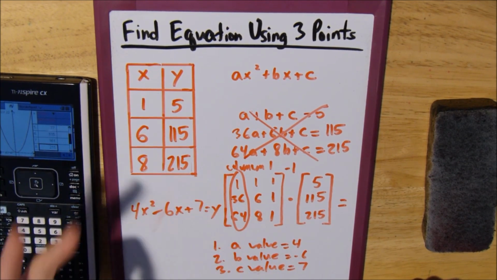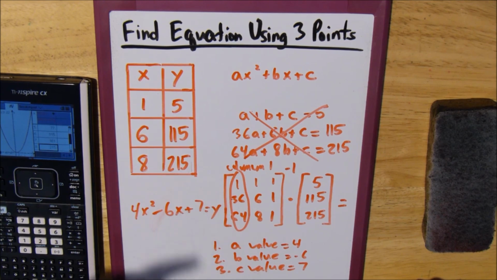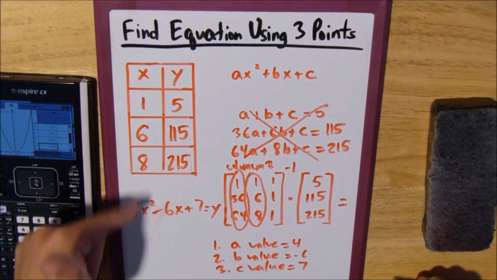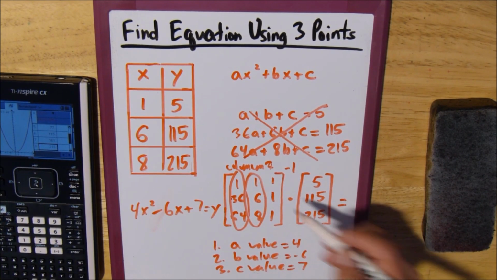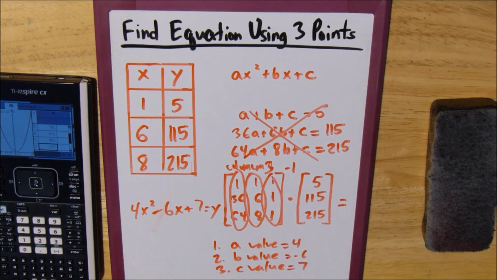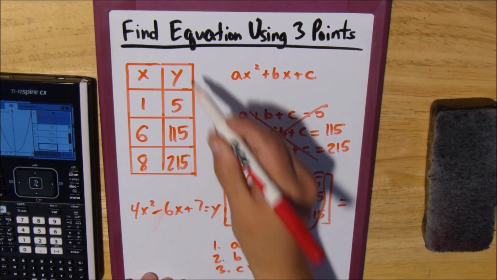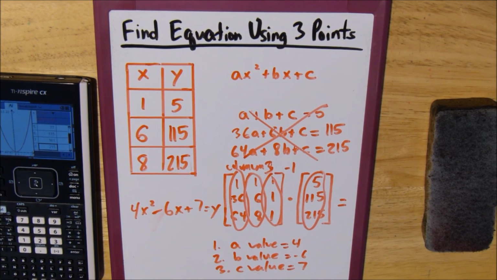So 1 squared is 1, 6 squared is 36, 8 squared is 64. Column 2 is basically just your x: 1, 6, 8. And then column 3 is really just 1. Your c value will never change. It will always be 1. And then your second matrix will just be your y values.